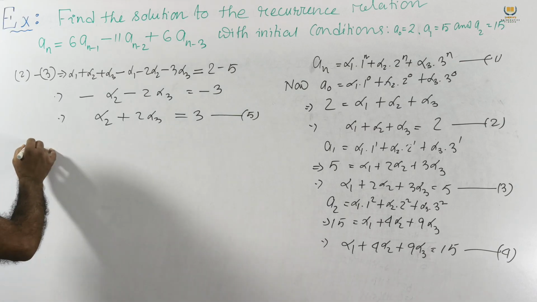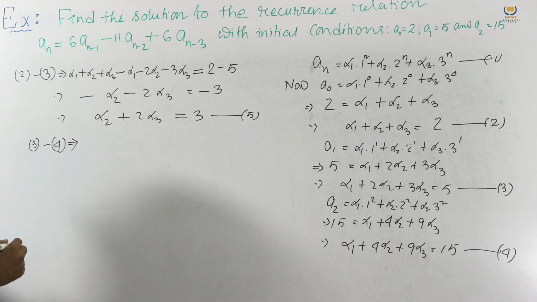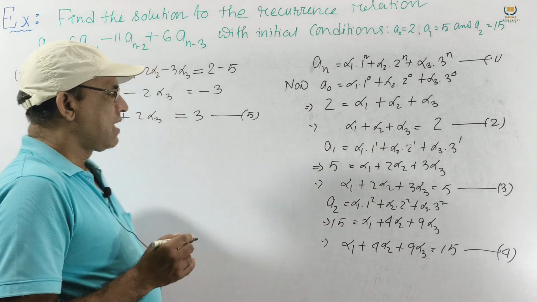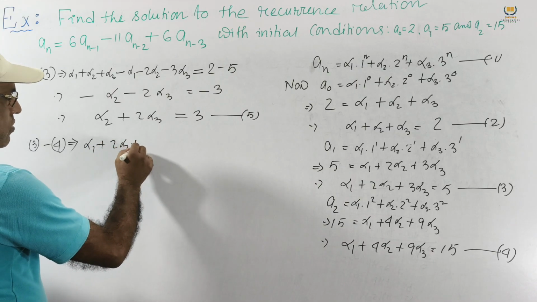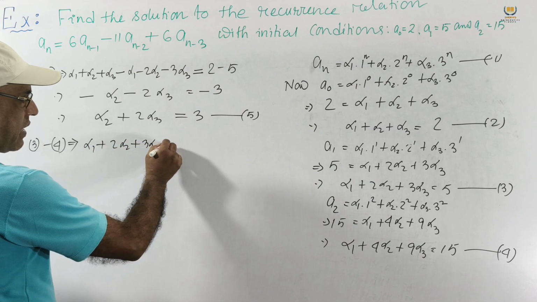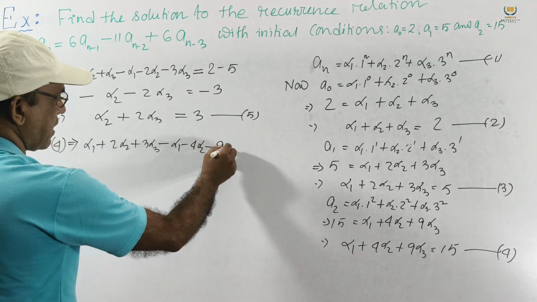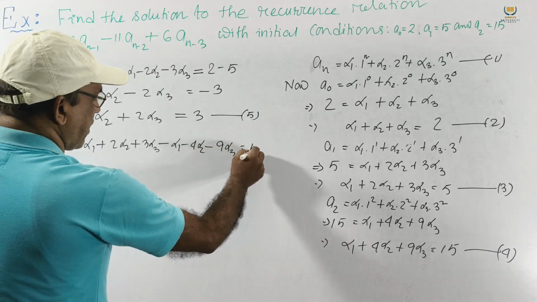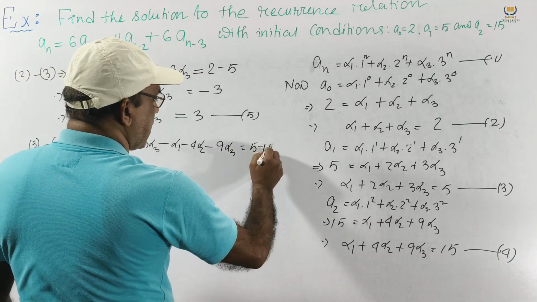Next, 3 minus 4. This is 3 alpha 1, 2 alpha 2, 3 alpha 3 minus alpha 1 minus 4 alpha 2 minus 9 alpha 3 equal to 5 minus 15.